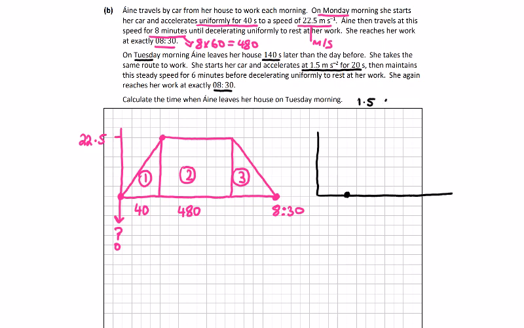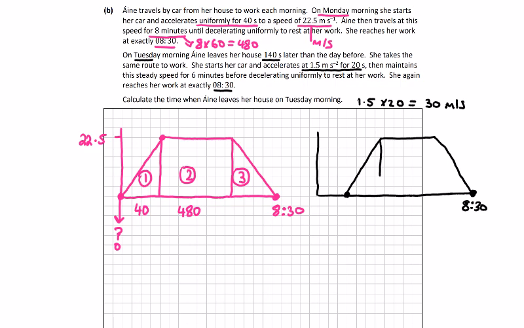So what speed will she get? If she goes 1.5 for 20 seconds, increasing at 1.5 each second, she'll get to 30. So she's accelerating to 30, traveling along uniformly and decelerating to arrive at work at the same time.